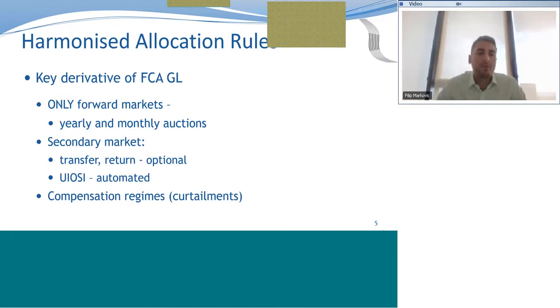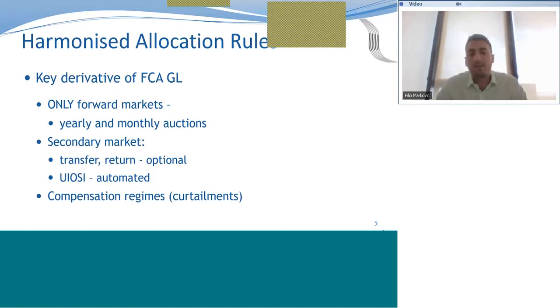Also, one important thing is the secondary markets prescribed by HAR, with options of transfer and return, transferring transmission capacities from one market participant to another, and also the possibility to offer yearly allocated capacities for resale on a monthly time frame. These two possibilities are optional, while there is also the use it or sell it principle, which is applied automatically, and it foresees that all non-nominated long-term transmission rights will be automatically offered for resale on a daily time frame.